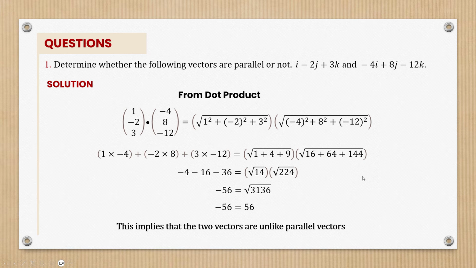So this implies that the two vectors are unlike parallel vectors, and the condition is true. When you show whether they are like or unlike, it shows an intelligent mathematician that you've not only confirmed that they are parallel, but that you are also aware of the direction of the two vectors.